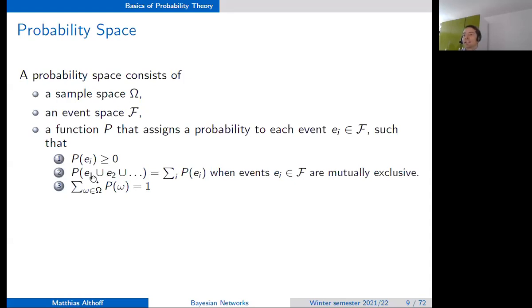And if you have disjoint or mutually exclusive events, then if you sum up the probabilities of these events, you get the probability of the joint event. And the probabilities across the whole sample space have to sum up to 1.